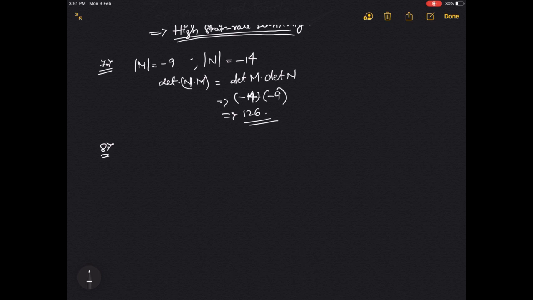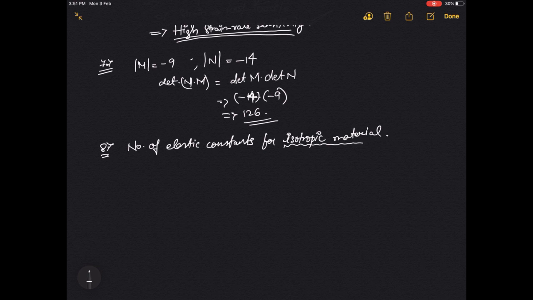Now one more direct question that we saw is they asked the number of elastic constants for an isotropic material. So here you must know what an isotropic material is. If you know this, you'll directly get the answer. An isotropic material is something in which you can observe the same property, or same value of the property, in any direction.